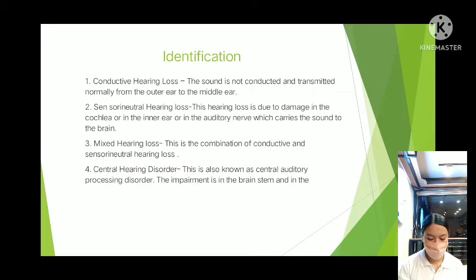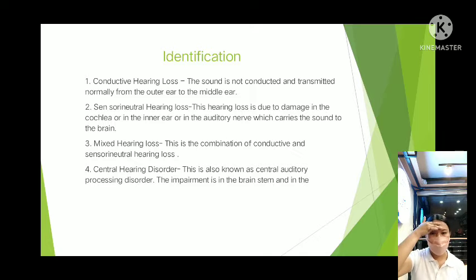The sound is not conducted and transmitted normally from the inner ear to the brain. The third one is mixed hearing loss. This is the combination of conductive and sensorineural hearing loss.